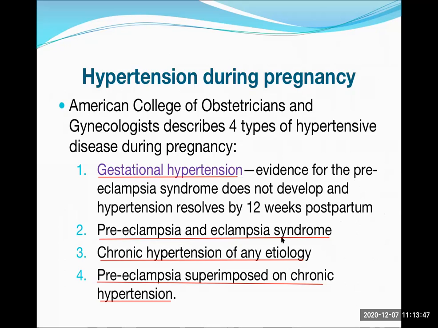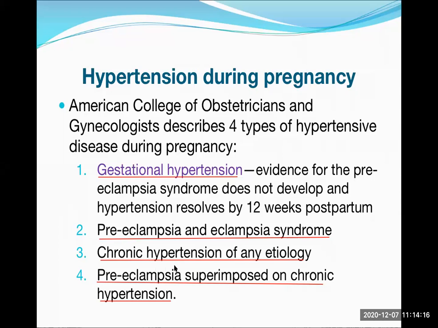Whereas eclampsia is preeclampsia with seizure disorder. The person will develop grand mal seizure in case of eclampsia. Here we are talking about pregnancy, so that pregnant lady will develop a grand mal seizure, along with a rise in blood pressure after 20 weeks of gestation. This is eclampsia.